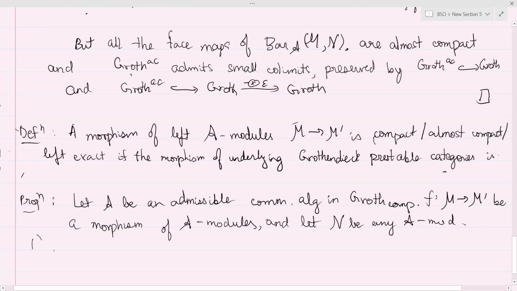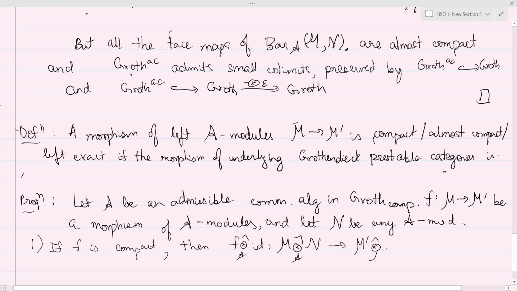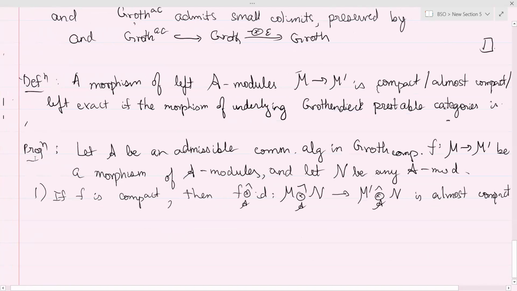So the first thing is, if F is compact, then this map is almost compact.